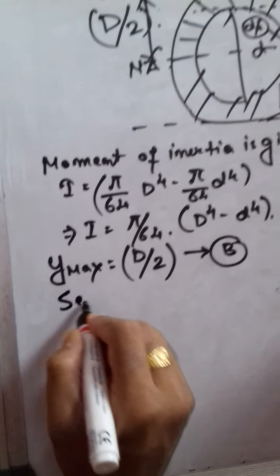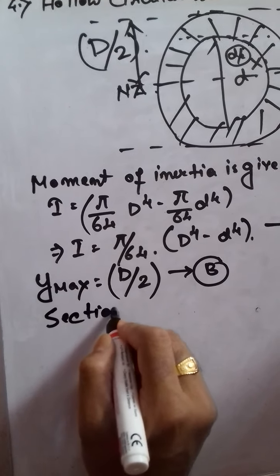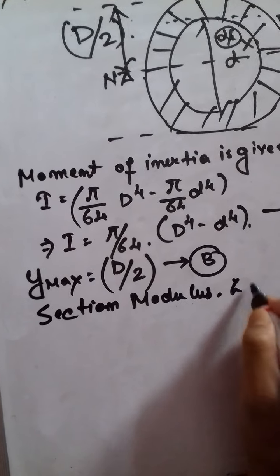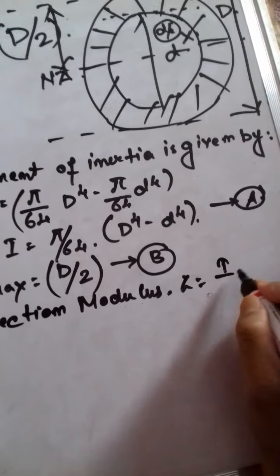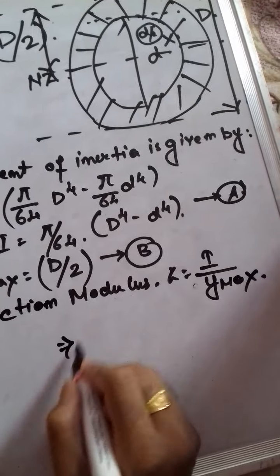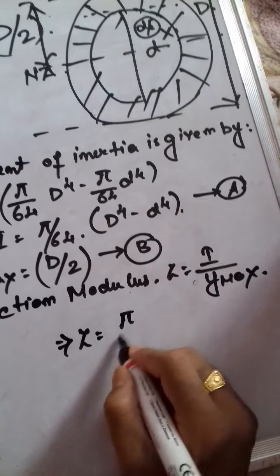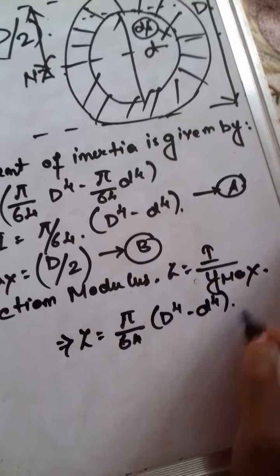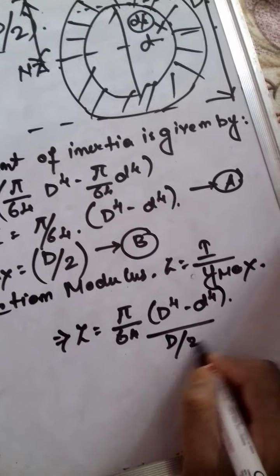We know section modulus is mathematically given by Z equal to I divided by y maximum. So Z will be equal to pi by 64 (D to the power of 4 minus d to the power of 4) divided by D by 2.